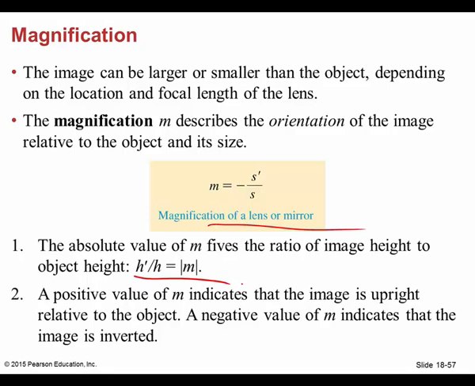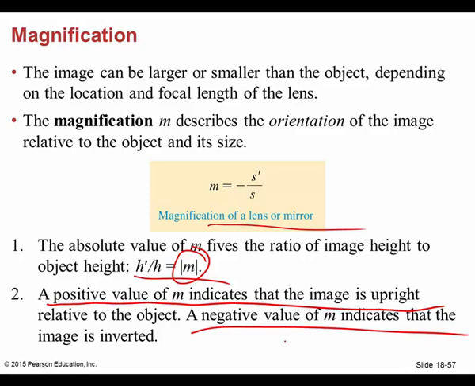Notice that the magnification is equal to the height prime divided by the height. Now, notice this right here, you need to write this down. If we get a positive value, it means it's upright. If you get a negative value, then the image is inverted. It's very important that you write that down and you remember that, okay?